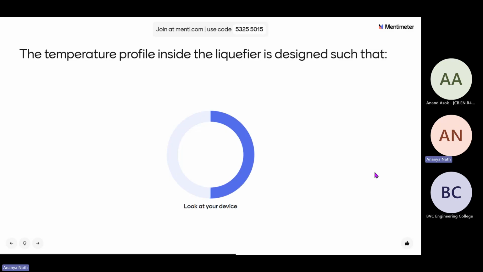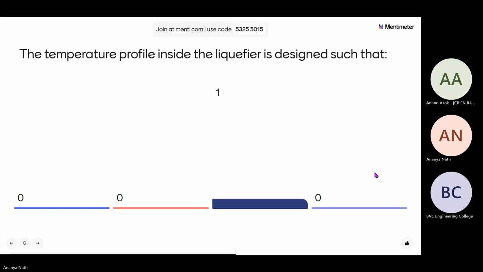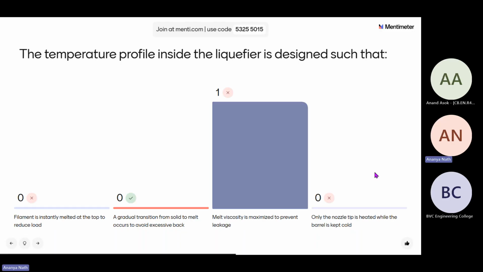The temperature profile inside the liquefier is designed such that the gradual transition from solid to melt occurs to avoid excessive back pressure.